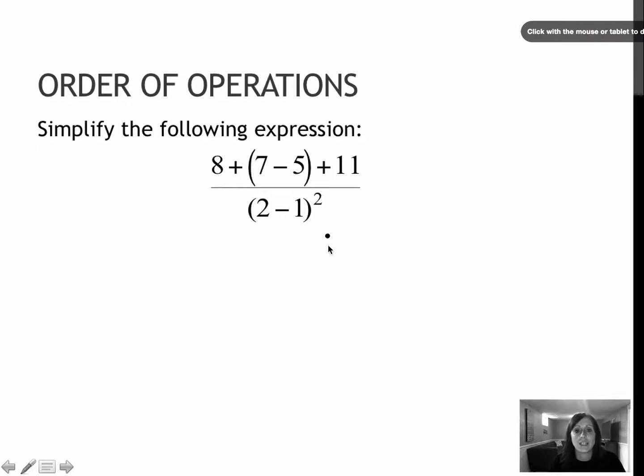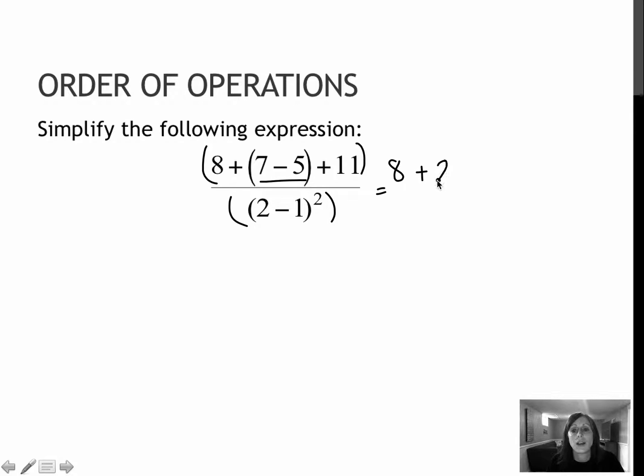Our next question is a fraction. Remember, fraction questions mean I evaluate all of the top and all of the bottom before I deal with the division of the fraction. So on the top, the numerator, I have parentheses, which is 7 minus 5, which gives me 8 plus 2 plus 11.